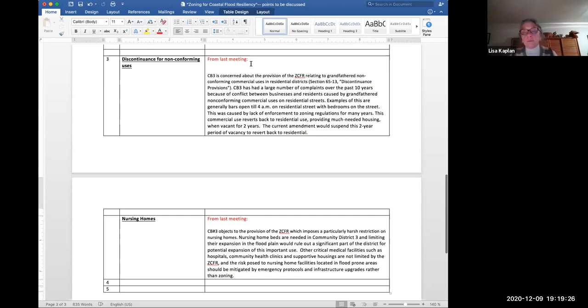One of the ways we've been able to reduce that number is strict enforcement of the grandfather clause, which says that if that restaurant doesn't continually operate and there's a 2-year break in its operation, then it can no longer reestablish itself in a residential zone.